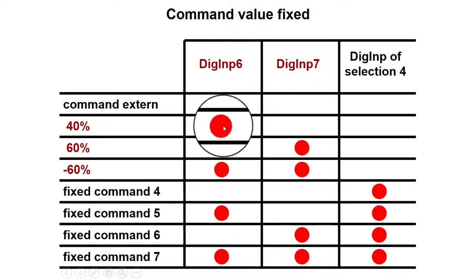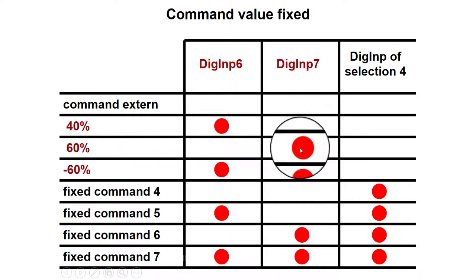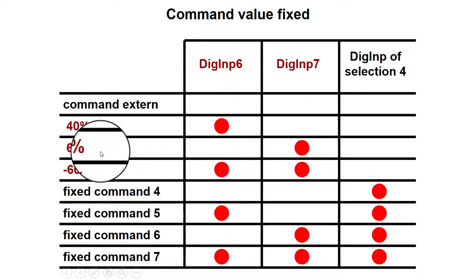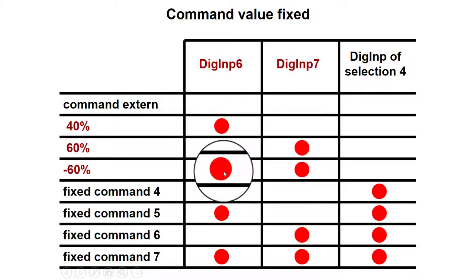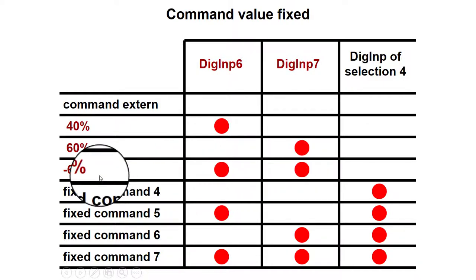If input 6 is active, I would have 40% command value, input 7 active, 60% command value. If input 6 and 7 are together active, I would have a command value of minus 60%. A negative value means I will activate solenoid driver 2.